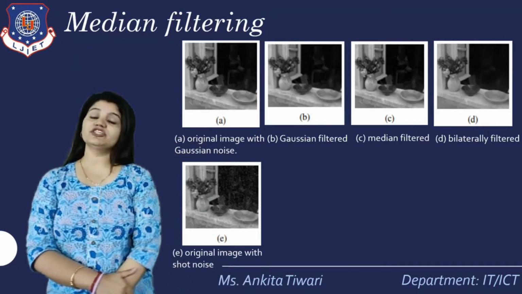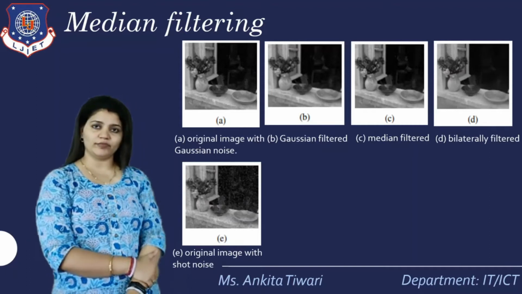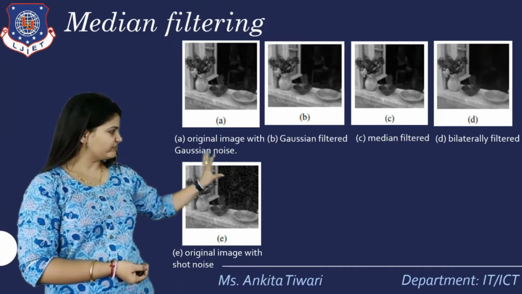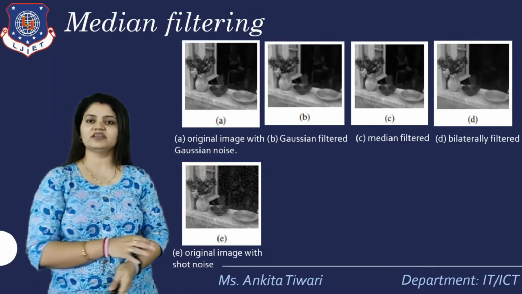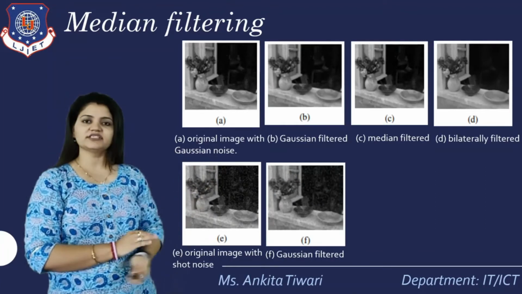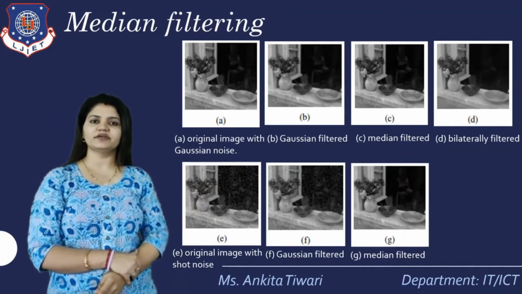Now the original image with shot noise: the noise is clearly seen in the image. With the Gaussian filter, some filtering is done because noise is filtered out.